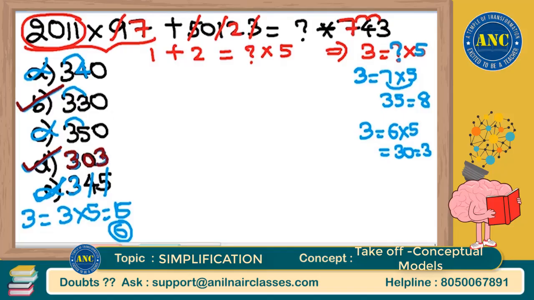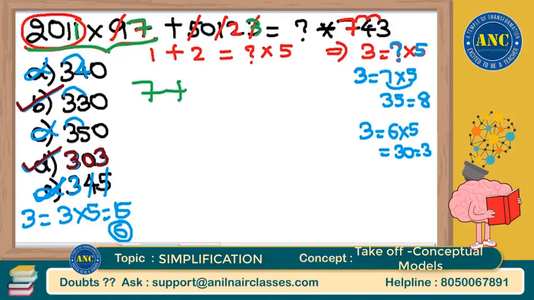Now let us check another way of solving this question. This is by using digital sum, but digital sum did not give me only one answer option. Now I am going on to another beautiful concept called unit digit, which I also explained in my morning class. The unit digit of this product: 2011, 1 into 7, unit digit is 7.